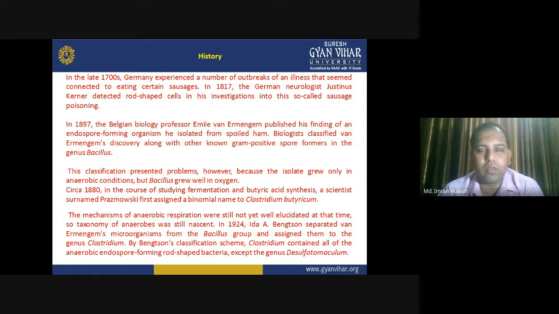So Germany was suffering from such a disease, and people were not able to understand what was causing it. Justinus Kerner detected that this disease was being caused by the rod-shaped cells responsible for such poisoning.